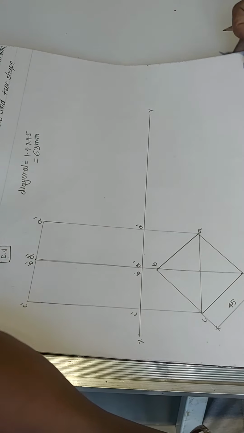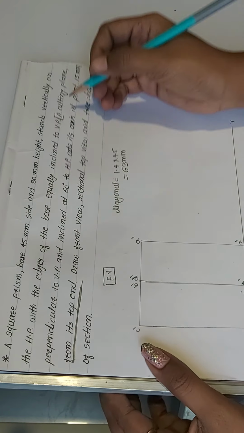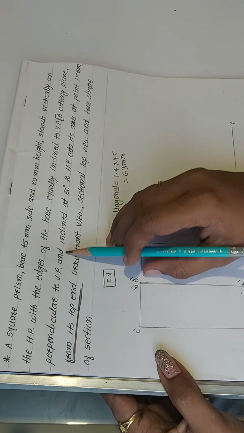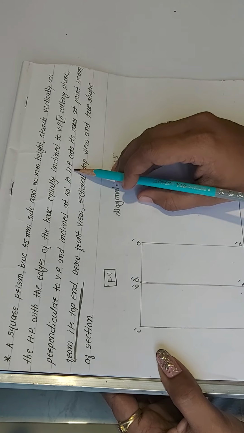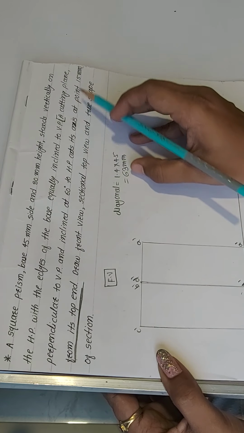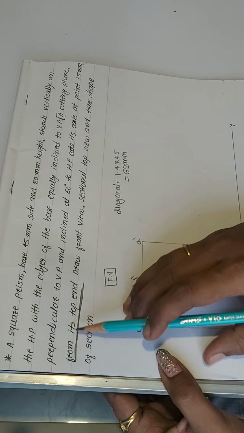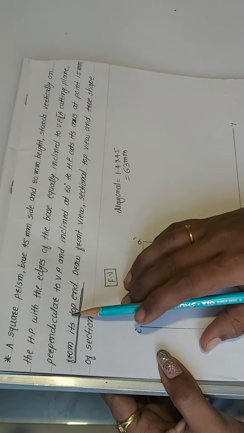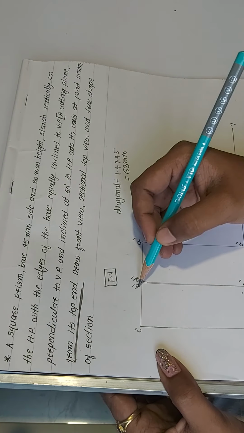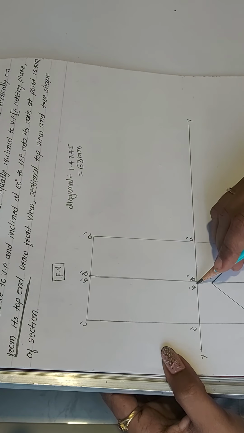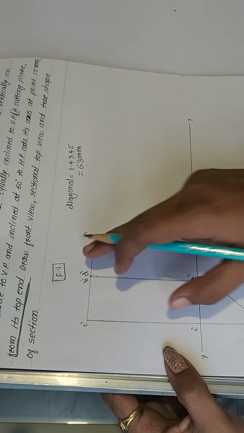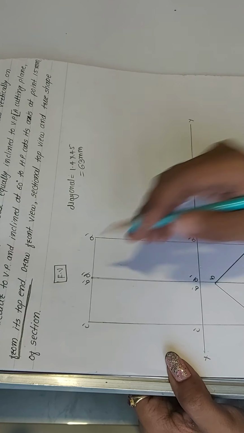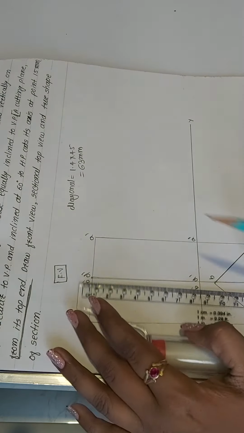Then we will see the condition of the cutting plane. What is the condition? A cutting plane perpendicular to VP and inclined at 60 degree to HP cuts its axis at a point 15 mm from its top end. So this is your axis, the center line. You have to take a distance of 15 mm from the top end and take a 60 degree angle.